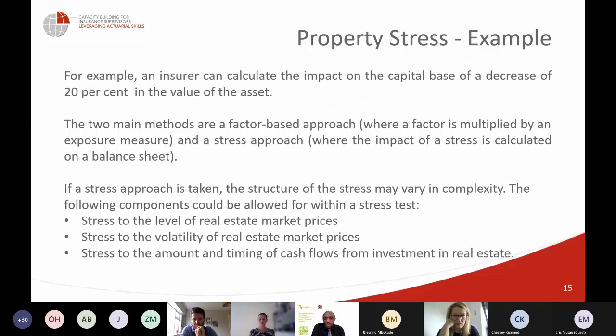But within your regulatory outlook, maybe you also need to look at the level of real estate market prices, because as long as you've already set up the factor that will be applied on the asset value, also look at the level of the movement of market prices of the properties. Think about the volatility of those prices, and also how these companies are getting timing of the cash flows.